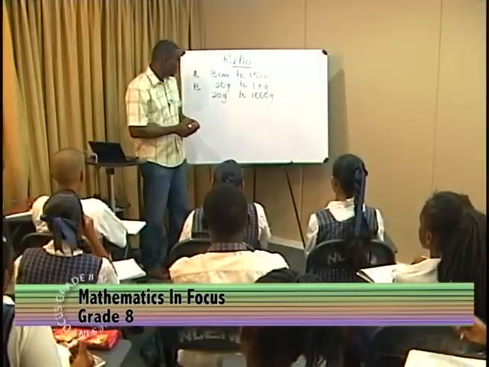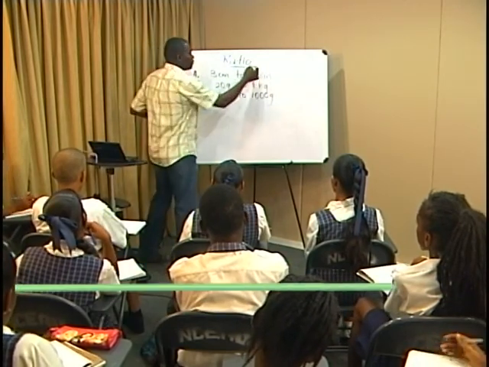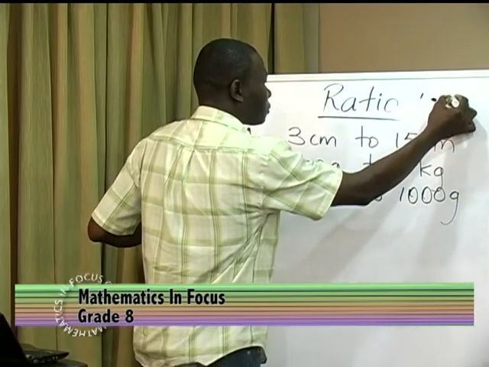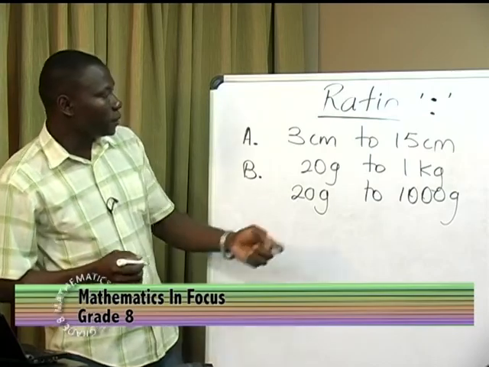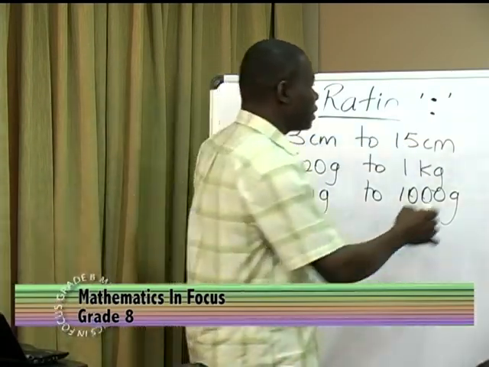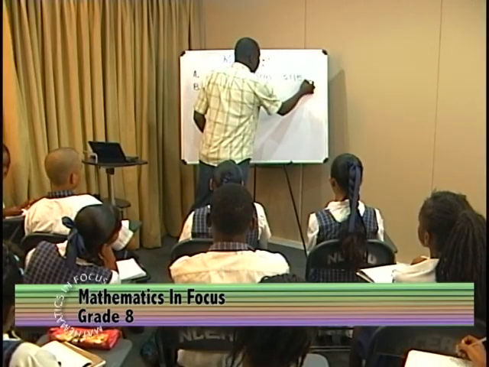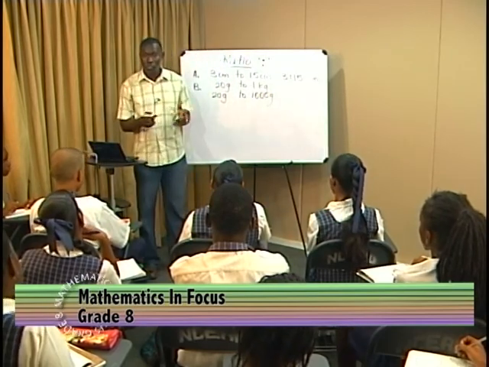Good. We use 2 dots or a colon. So the symbol we use for ratio is 2 dots. So for example, instead of saying 3 cm to 15 cm, we can then say 3 to 15, and we're in terms of cm. So we can just say 3 to 15.